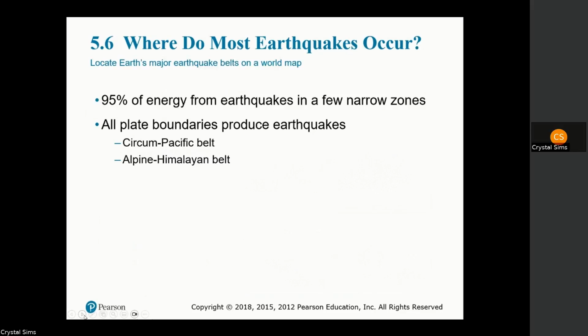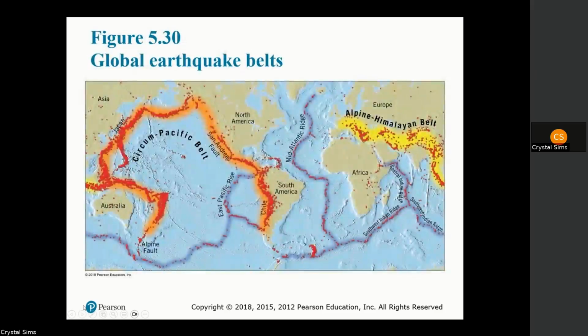So where do most earthquakes occur? We've said that they mostly occur along converging and transform faults. 95% of all of the energy that's generated from earthquakes occurs in just a few narrow zones across the Earth's surface. We have the Circum-Pacific Belt and the Alpine Himalayan Belt.